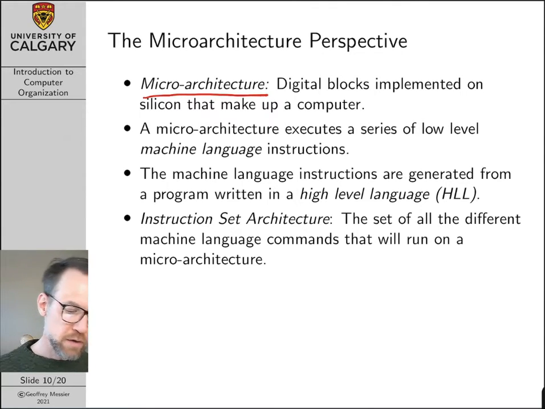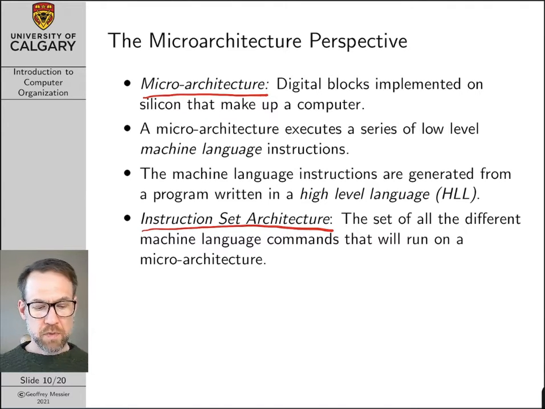When we talk about instruction set architecture, basically the instruction set architecture is all the different machine language instructions that can be run on a particular microarchitecture. So when you create a microarchitecture, you simultaneously also create a library of machine language commands that can run on that microarchitecture.